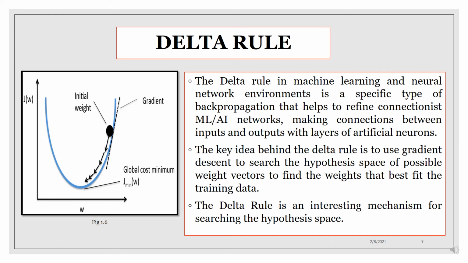Whatever topic or process you are working on, if the errors are less, the accuracy will be there. That's the reason why in machine learning and AI networks, people use the delta rule to find the errors and to decrease the errors.